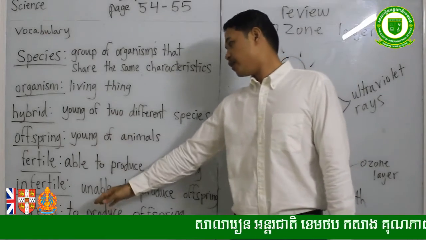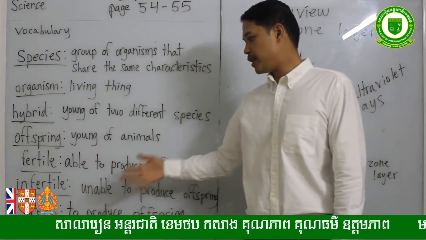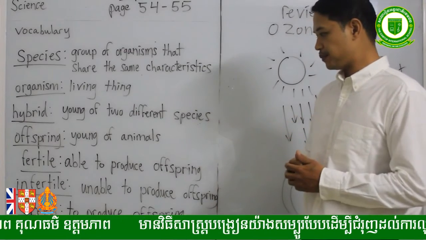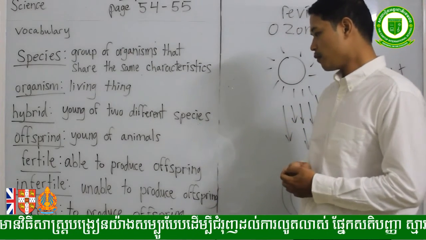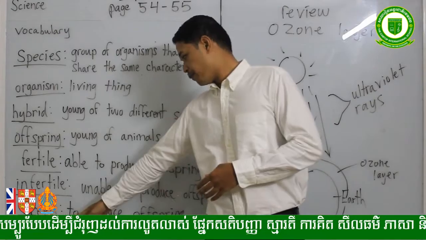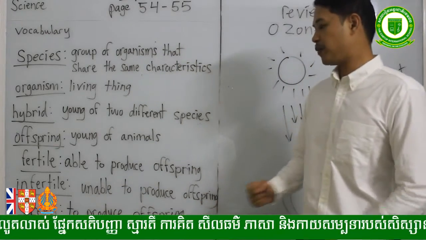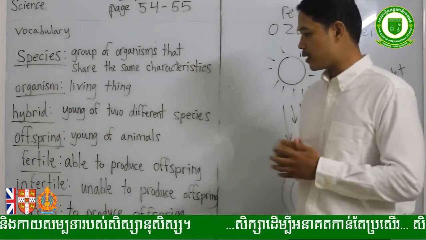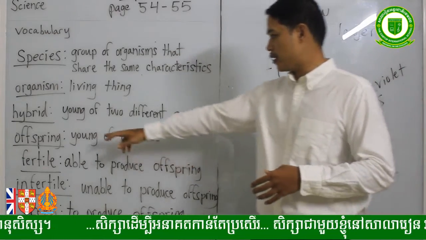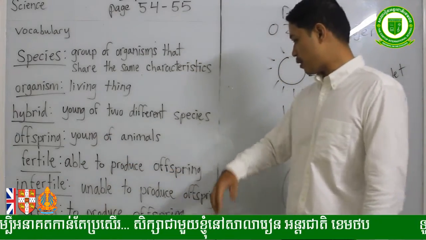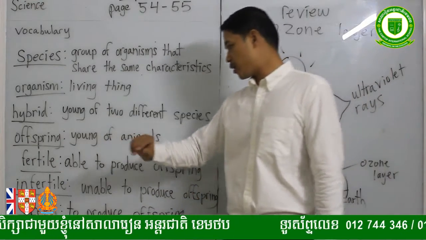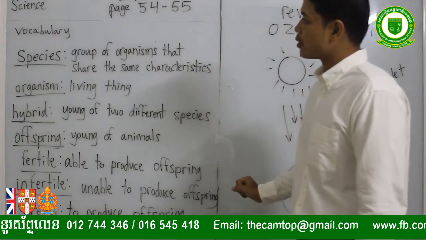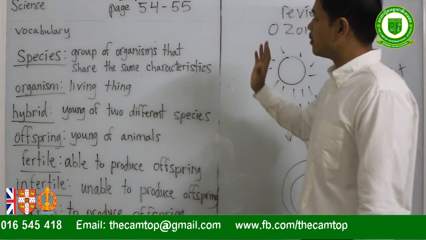Breed. Can you say it? To breed is to produce offspring. So when an animal breeds, they are making babies, making young, making offspring, producing young, producing offspring. All right, so that's it.